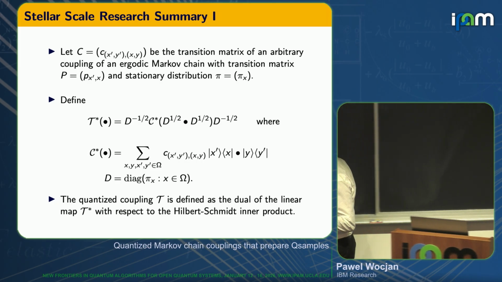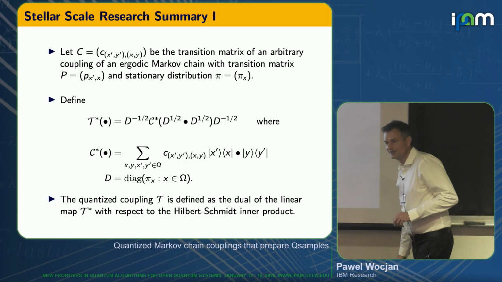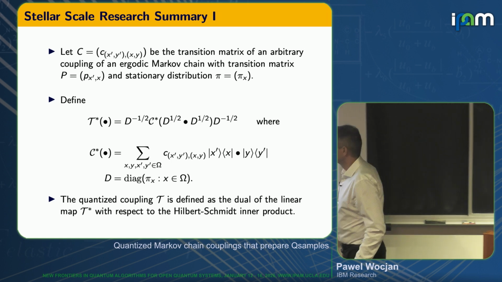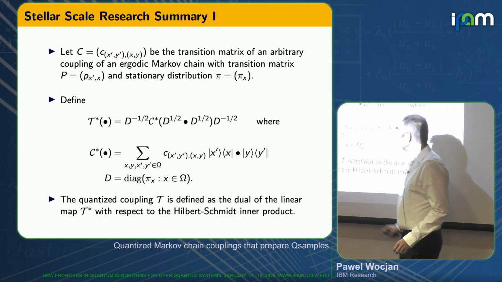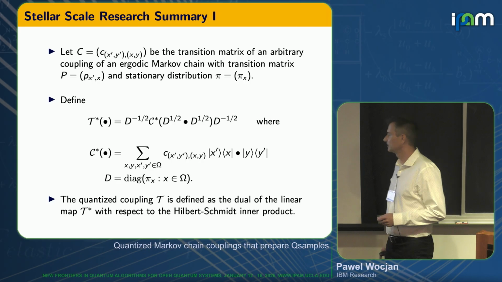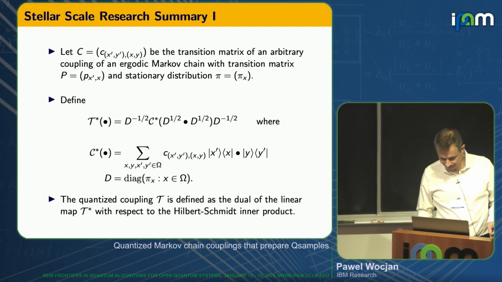Because we assume that the Markov chain is ergodic, all the entries are non-zero. And so the quantized coupling T is defined as the dual of a linear map T star with respect to the Hilbert-Schmidt inner product.